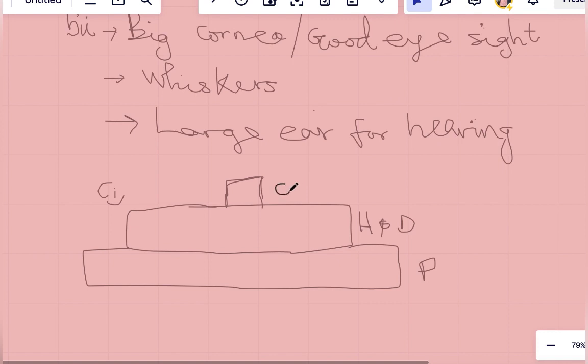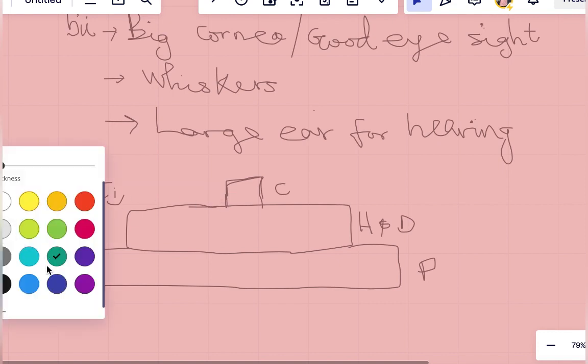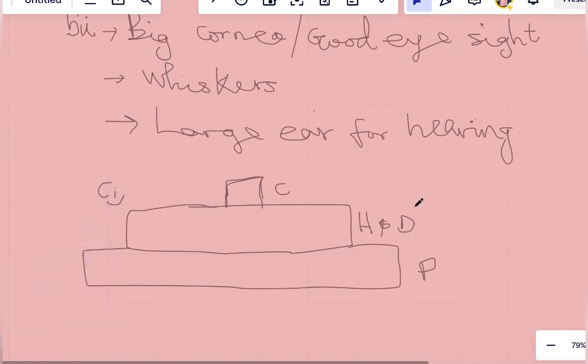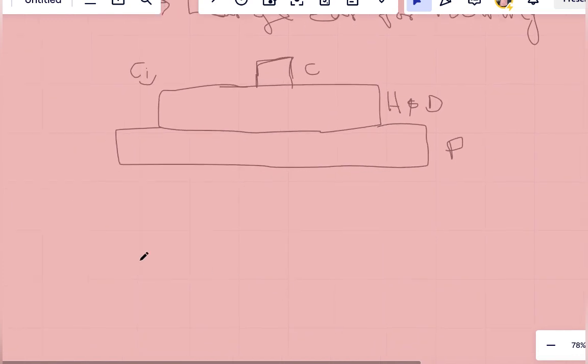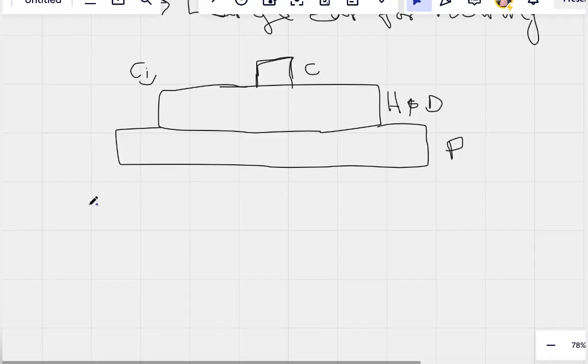We write C. Okay, so this is the pyramid of biomass. Now we go to the C part, C Roman figure 2. It says we should give a reason why the scientists must have done this.